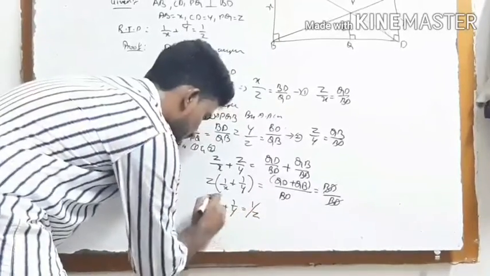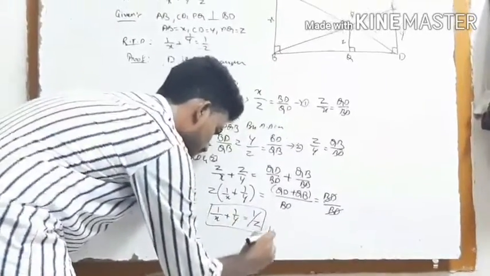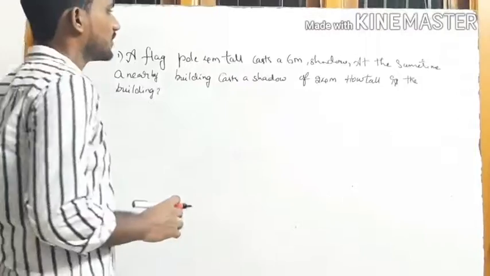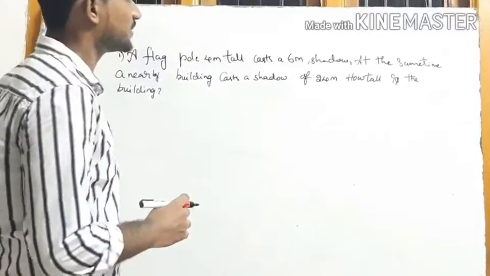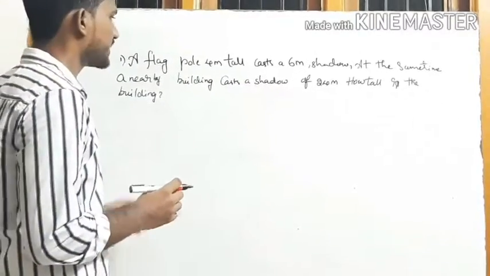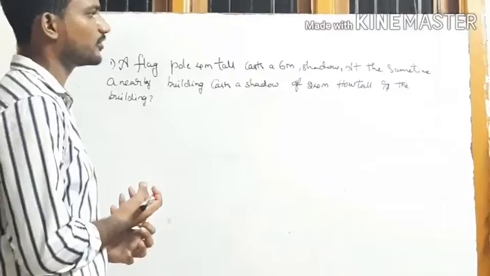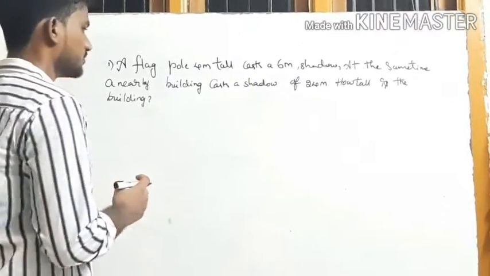A flagpole 4 meters tall casts a 6 meter shadow. At the same time, a nearby building casts a shadow of 24 meters. How tall is the building?